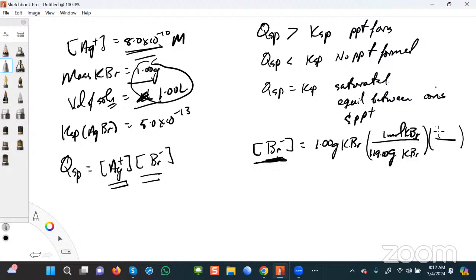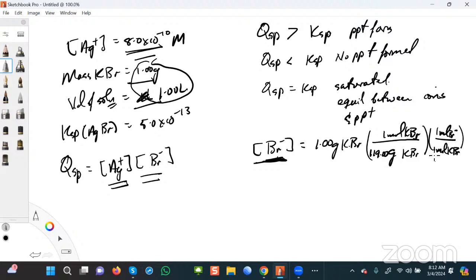What's the mole ratio between the potassium bromide and the bromide ions based on the formula? 1:1. So here we're going to put 1 mole of KBr down here and 1 mole of Br minus.